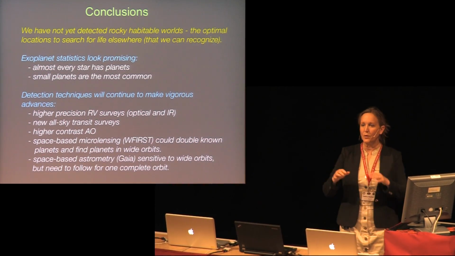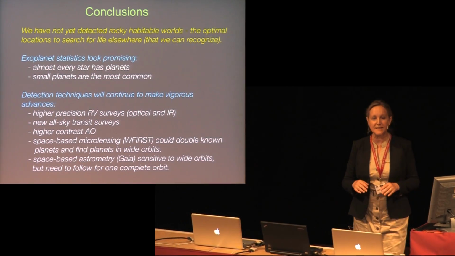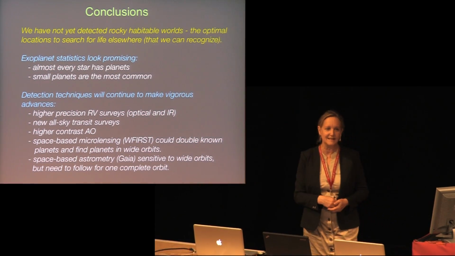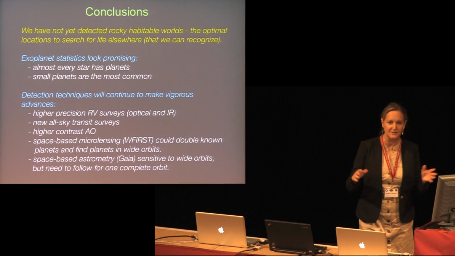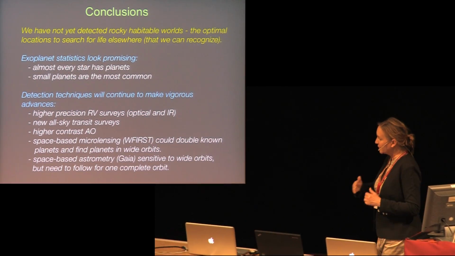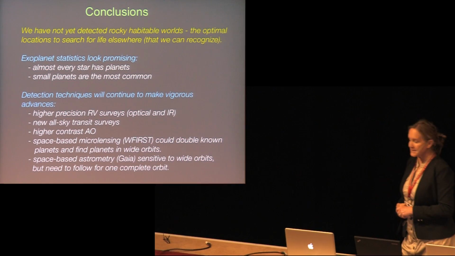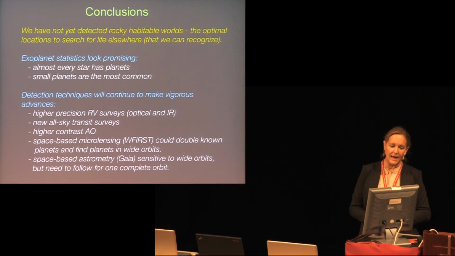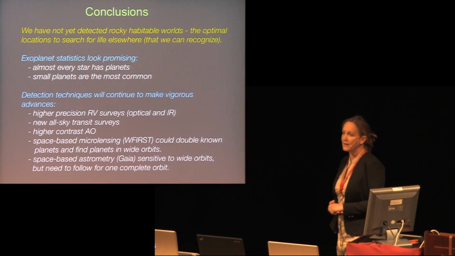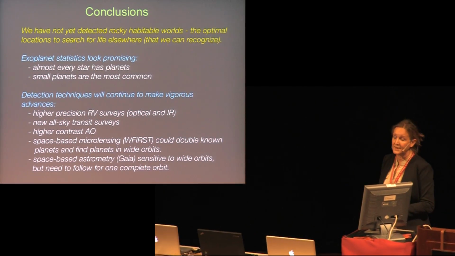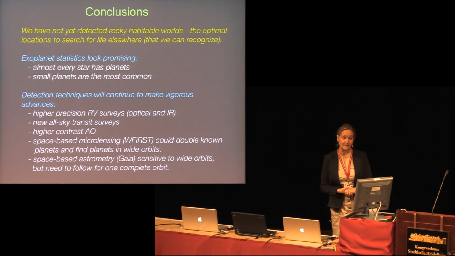For people who are coming into the field recently, you might think, of course, that's what we thought in the 1990s because of Star Trek. But it wasn't until they were actually found, and we went through this rather painful process of detecting more and more of them, that we have this information. And we know that small planets similar to Earth are extremely common, much more common than the gas giant planets that were first detected.